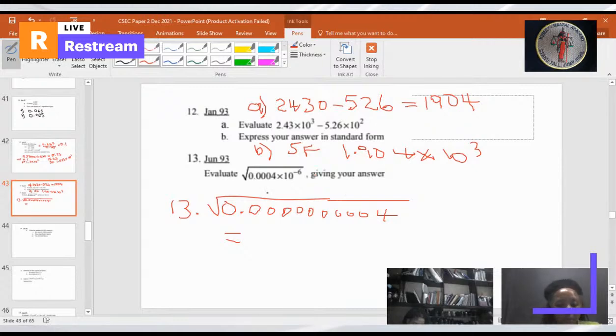Or we could do the square root of this and the square root of that. We could work it that way too. I got 0.002 times 10 to the negative 3.